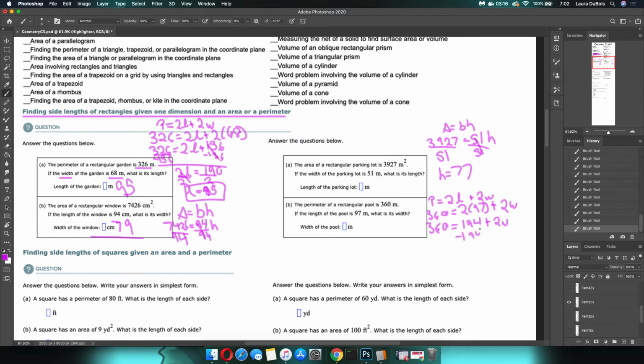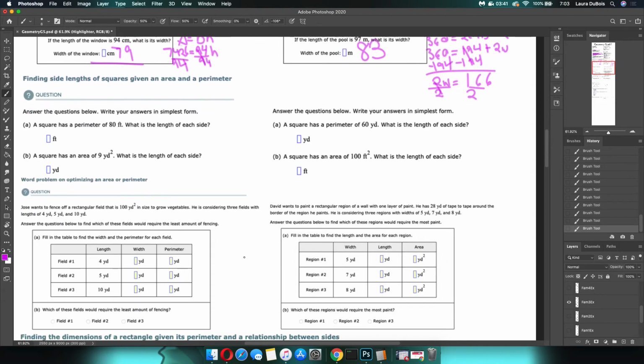Minus 194, 2W equals 166, divided by 2, our width is going to be 83. So this should look familiar, hopefully. Again, as I said, this is both in Algebra 1 and in Algebra 2. Now let's get to the actual geometry stuff.